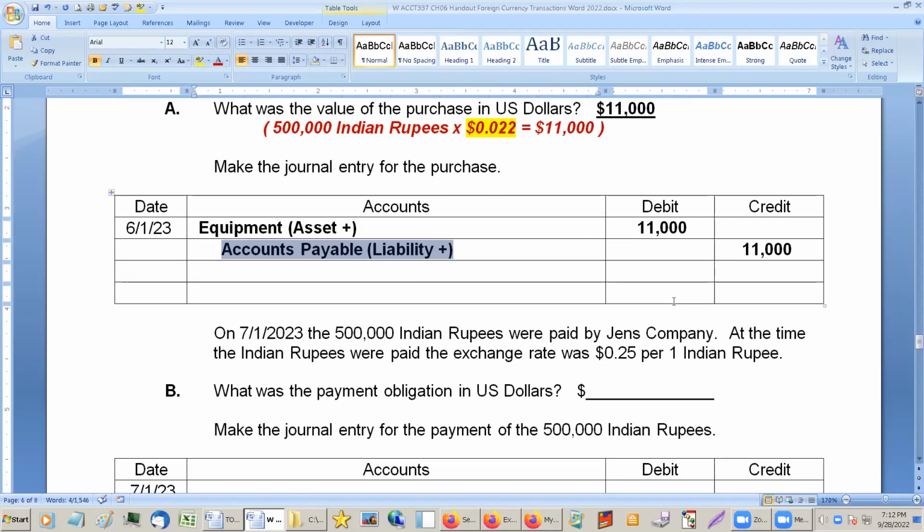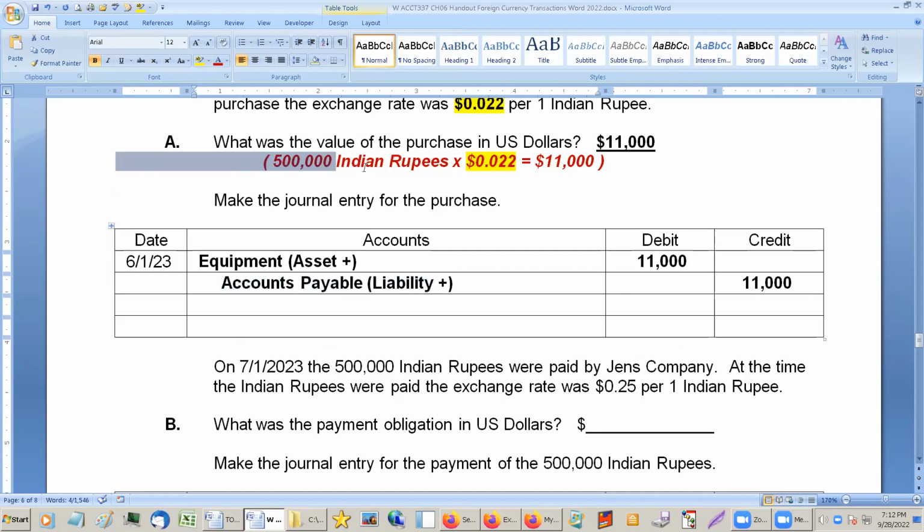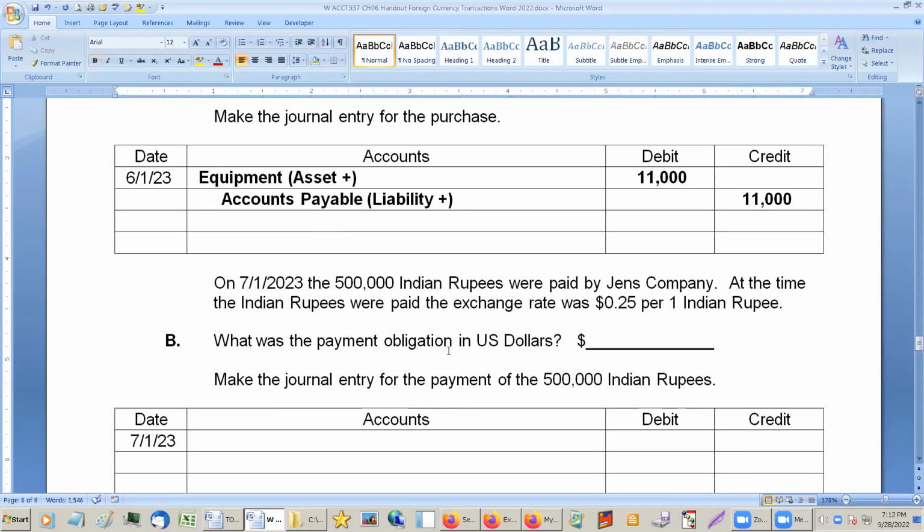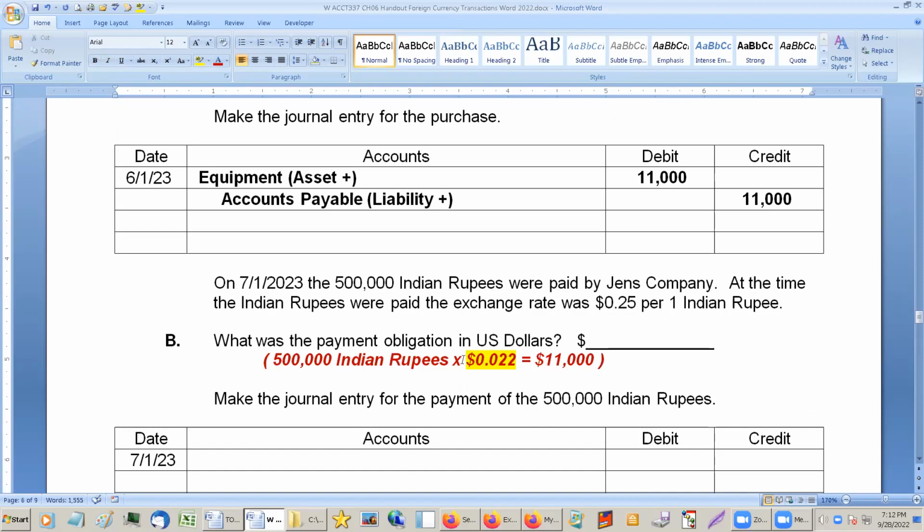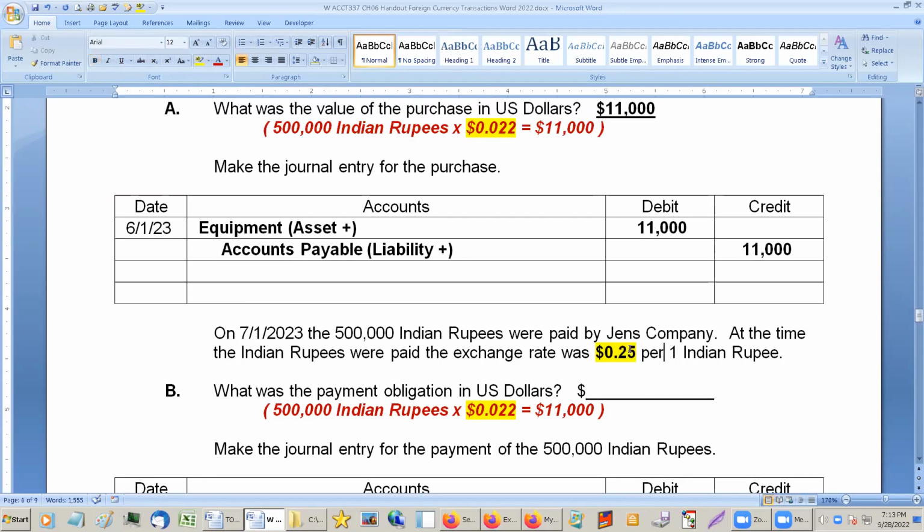Come down here, we have to pay them and we have to take our dollars and go buy 500,000 Indian rupees. The exchange rate now is 0.25. That's wrong. Change this. It's an absurd number. Change it to 0.025. Make sure you change this one.